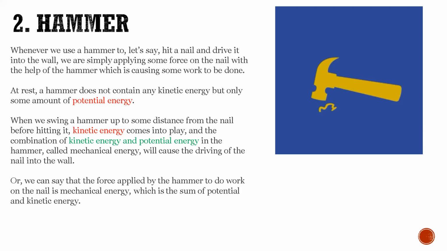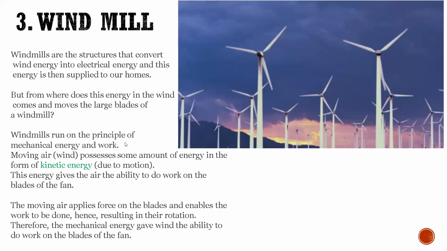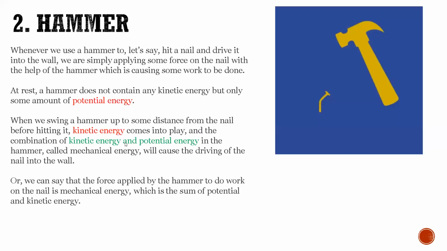Potential from the storage, kinetic since you are hitting it, since it's moving. So we have now a mechanical energy, because kinetic plus potential is a mechanical. So this mechanical energy now causes a work. This work can be used to drive the nail into the wall.